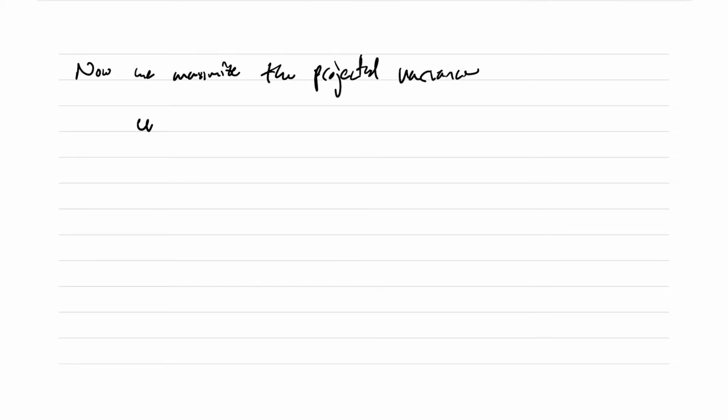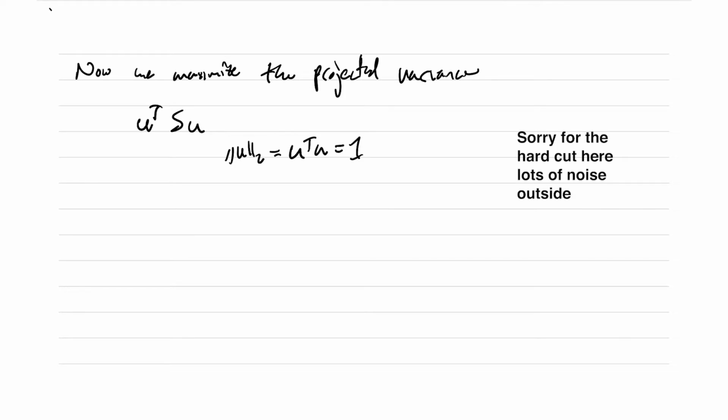And that we know now is represented as u transpose S times u. But we would like to add another constraint here, where u transpose u is equal to 1, or rather the norm of our vector is equal to 1.